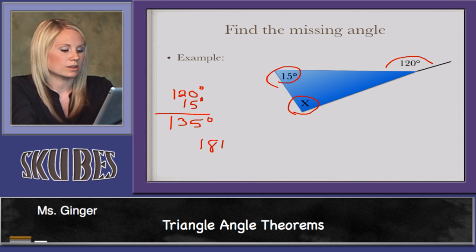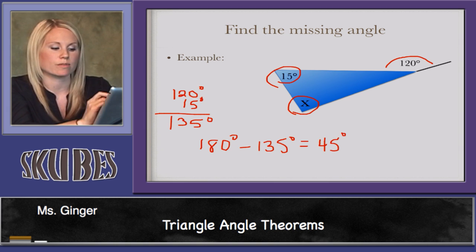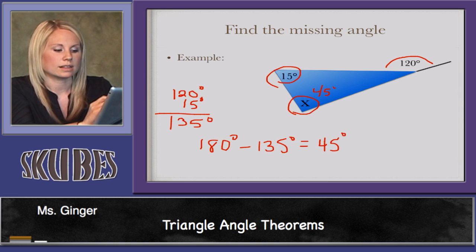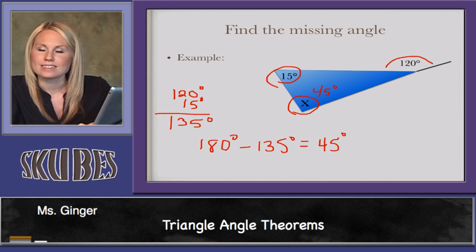So we're going to take 180 degrees and subtract 135 degrees and find out that 45 degrees is left, so x must be 45. And you can go back and label it in your picture if you wish to do that. And this concludes our lesson on triangle angle theorems.